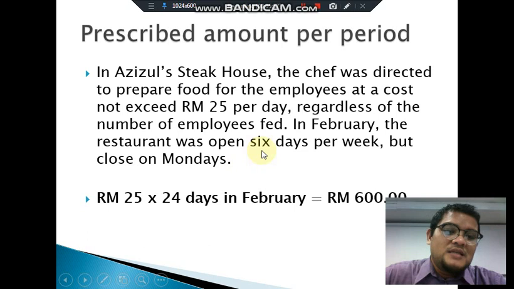So 6 days times 4 weeks, there are 24 days in February. So 25 ringgit per day times 24 days in February. The total food cost for employees is 600 ringgit. So that is also very simple. I think this one is very simple also, how to calculate your employee meals.